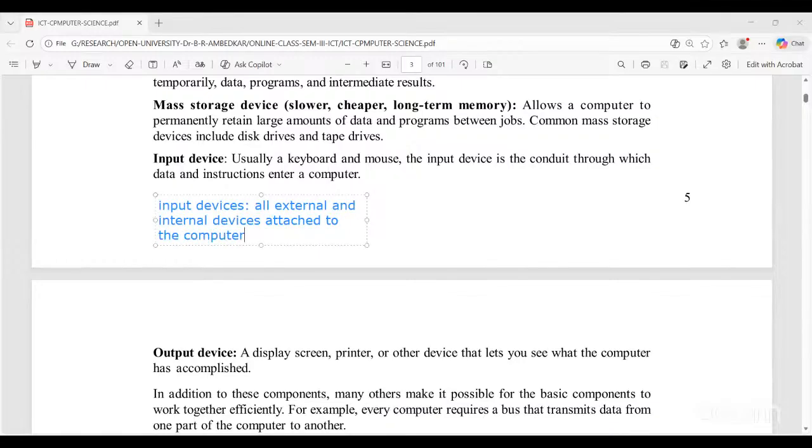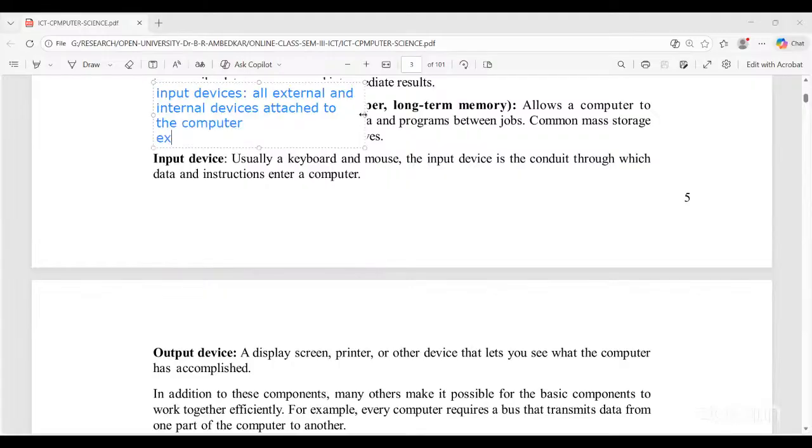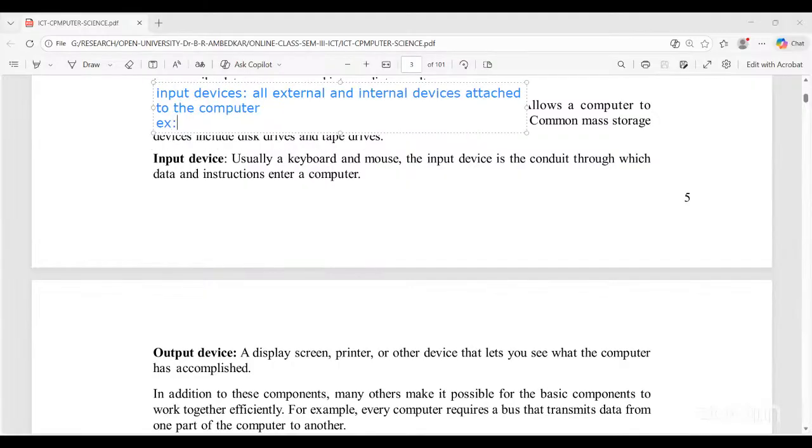Example, keyboard, mouse, scanner, printer.